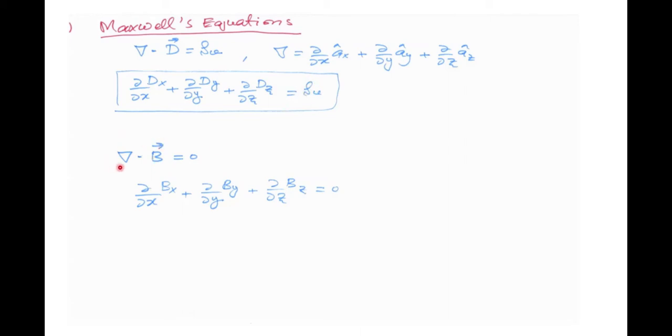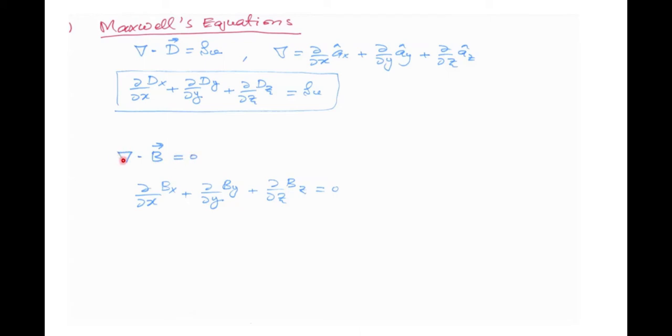As I told you, there exists no single monopole in nature, so del dot B, or the divergence of magnetic flux density, is always equal to zero. That is, magnetic flux neither terminates nor originates. So this produces a solenoidal effect. So how to expand this equation in rectangular coordinate system?